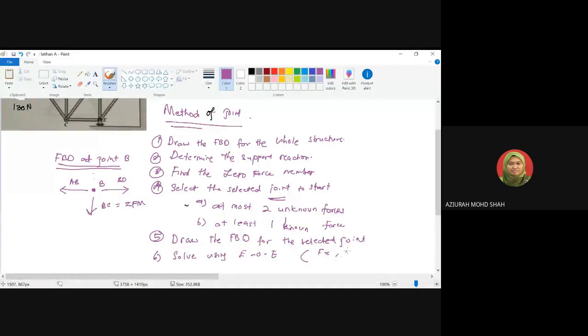Okay, so basically when you go through all the questions for truss using method of joints, you akan remember macam mana. So you tahu proses ni, lama-lama you tak tulis pun dah tahu.